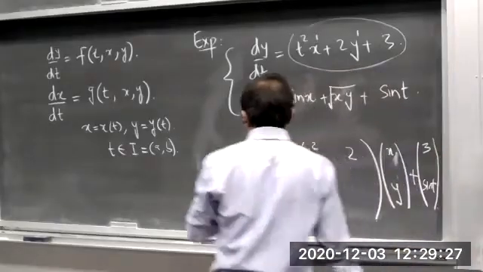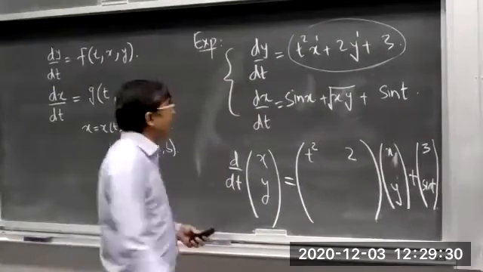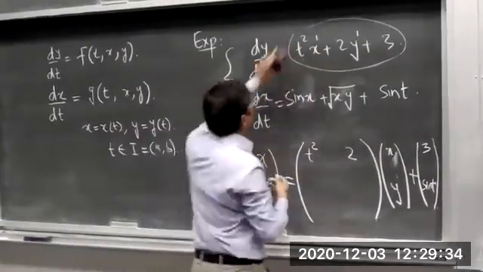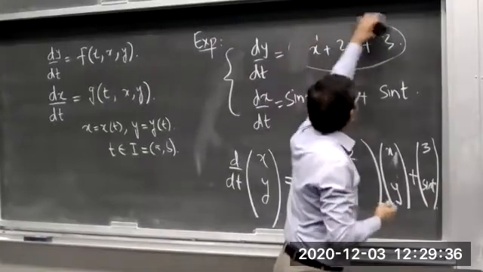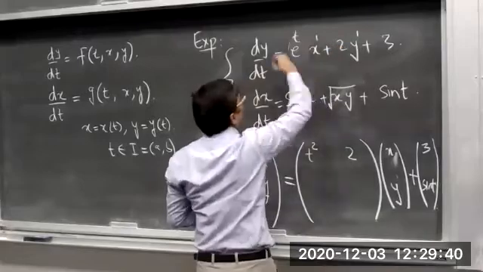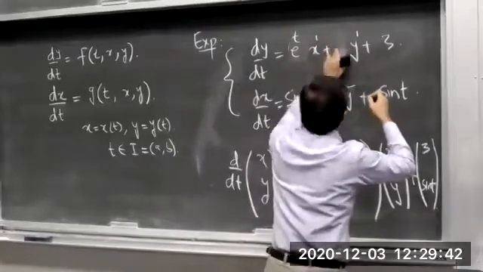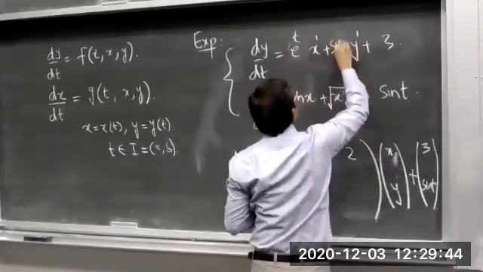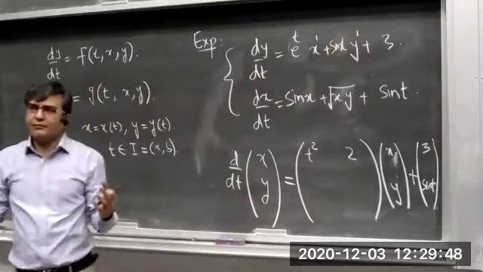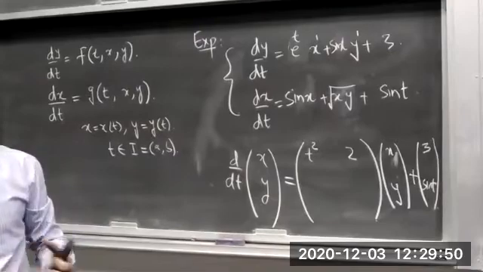Sir, can t be any function in this case? Yes, t could be any function. Here there is t square, you can write anything here. You can write any function, meaning exponential of t, and here you can write sin t. Any function of t is fine, it doesn't matter because it is the independent variable.